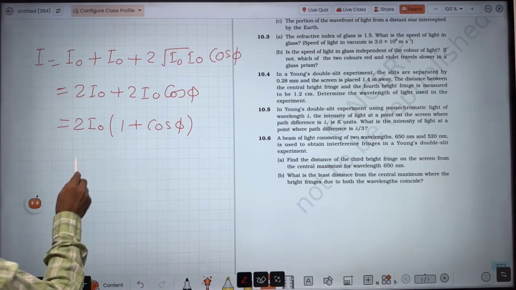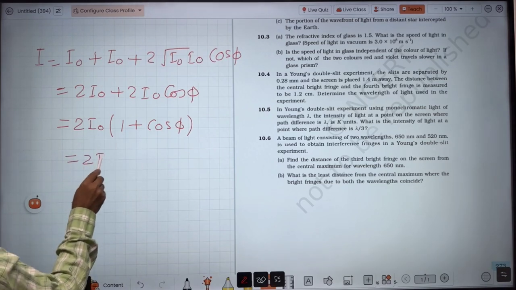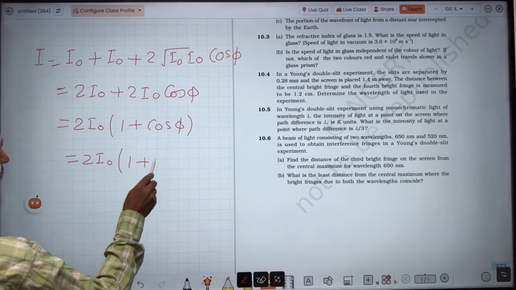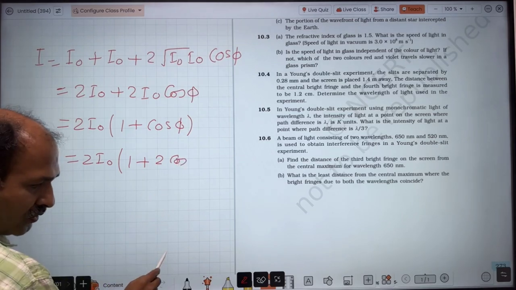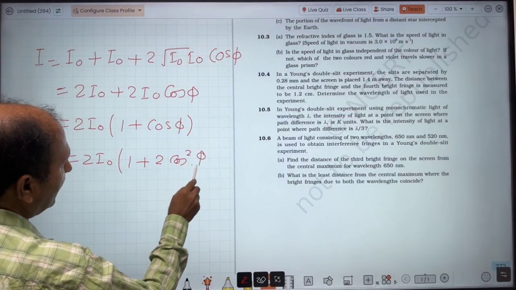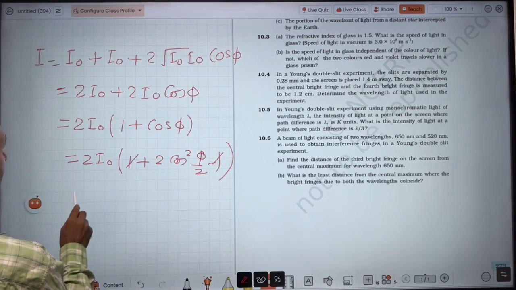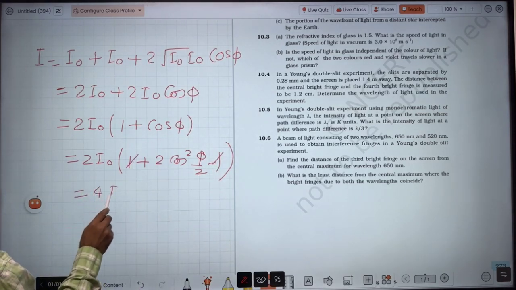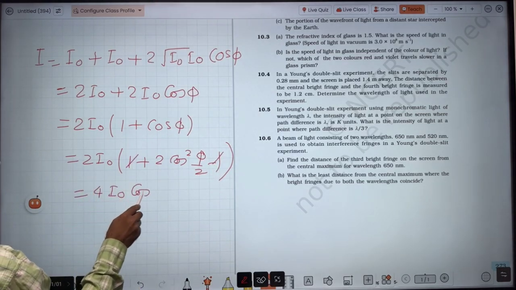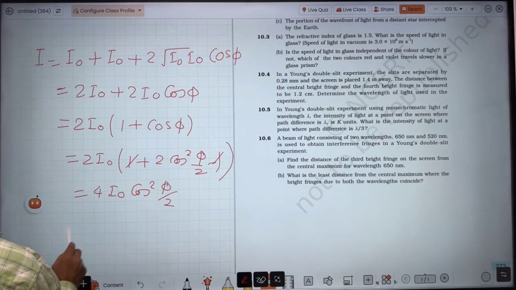But here we can apply the half angle: 2I0 times 1 plus 2 cos square phi by 2 minus 1. So 1 will cancel out. We will get 4I0 cos square phi by 2. So this is I.